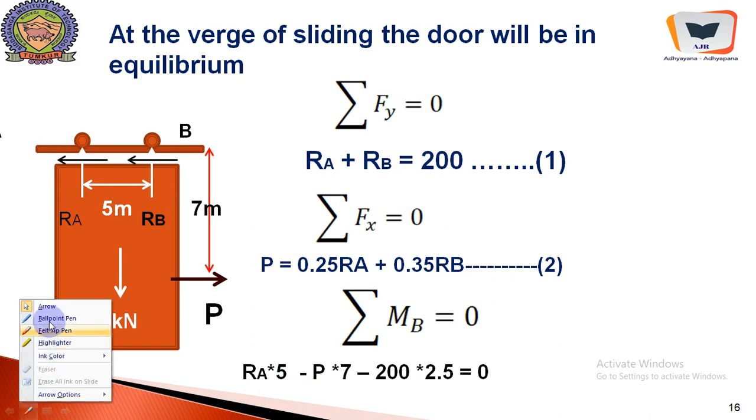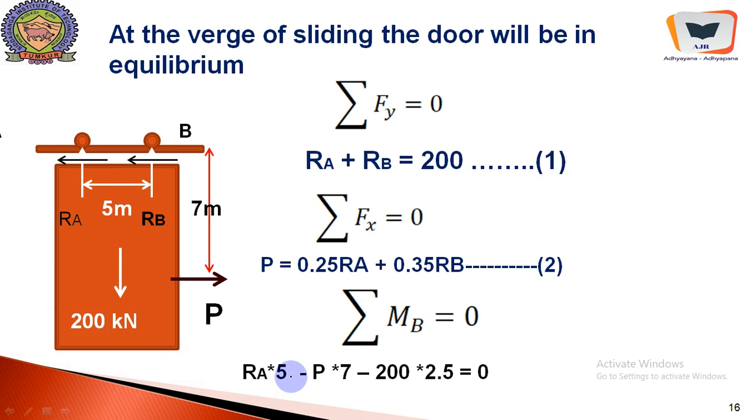RA into 5 has a clockwise moment, and P into 7 has an anti-clockwise moment. And 200 into 2.5 will also have an anti-clockwise effect.